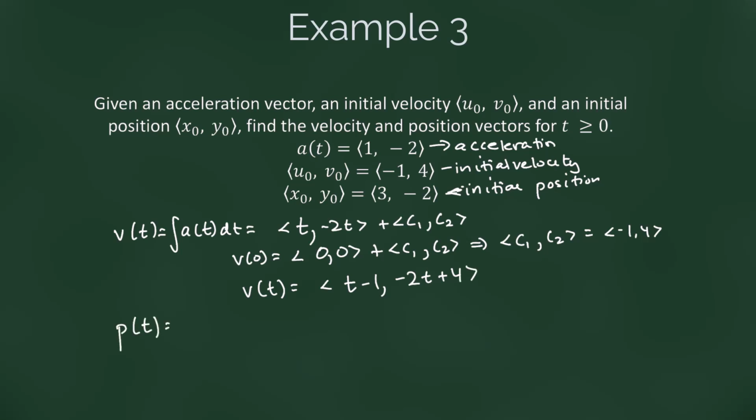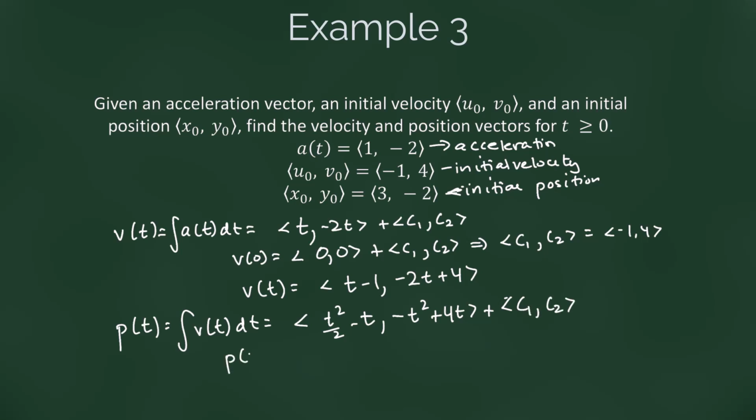From there, we know that our position vector is the antiderivative of our velocity vector, which is going to be anti-differentiating t minus 1. We get t squared over 2 minus t. And then we get negative t squared plus 4t. And of course, we still need our constants. Our position at 0 is going to be plugging 0 in for all of our t's.